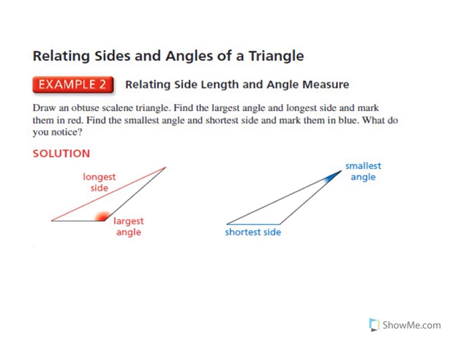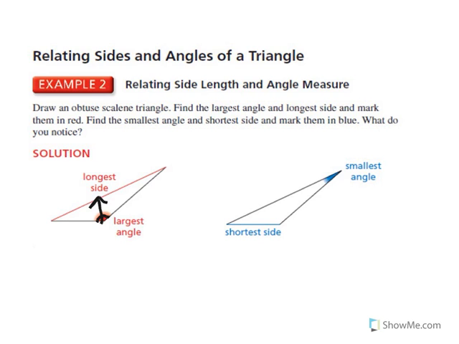Okay, the next thing we're going to talk about is angles and sides of triangles. You've got to realize that the angles relate to their opposite sides. Angles and sides relate to each other in triangles. Let's look at our picture. This says this is our largest angle, and it is directly across from our longest side.